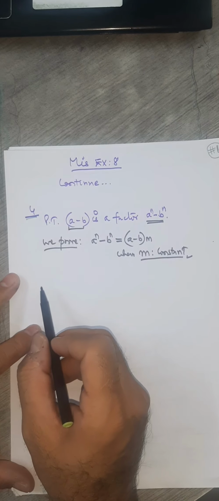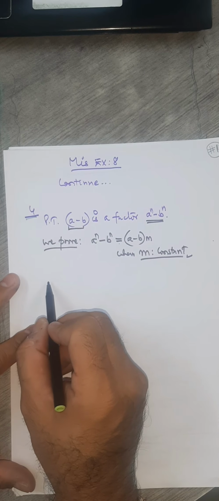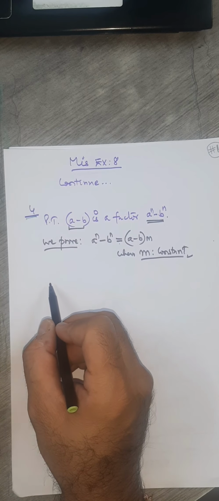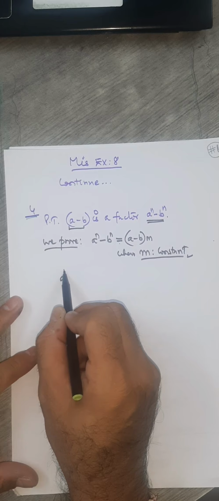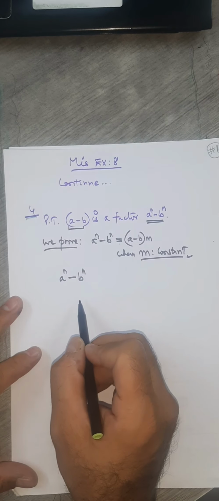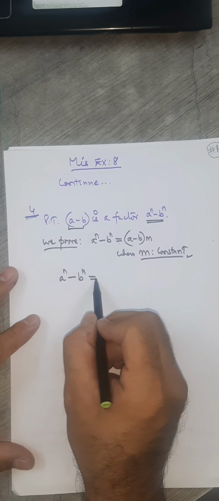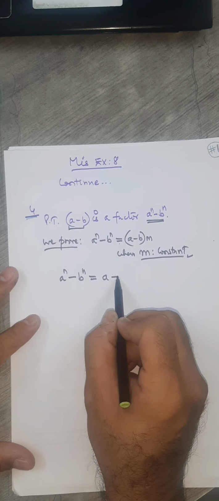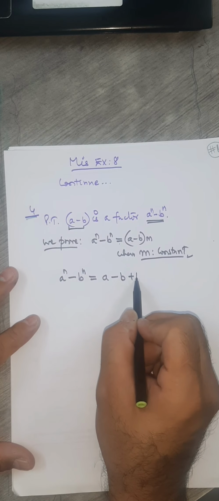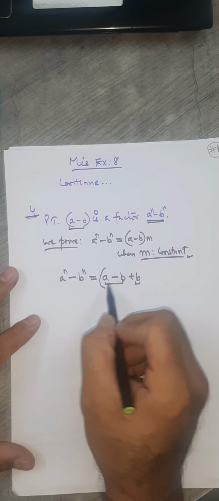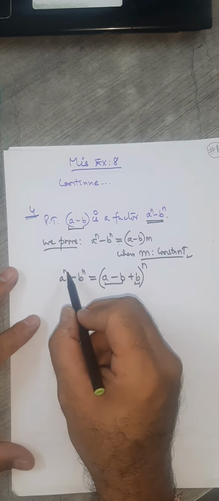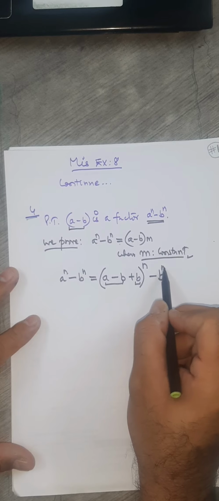Okay, so we start with this and we'll try to get this. We can prove it by PMI also, remember, but here we use the binomial theorem. A raised to n minus b raised to n. Now this a we will rewrite like this, a minus b plus b, because I need a minus b, adding and subtracting b, the whole raised to n as it is, remember, minus b raised to n.